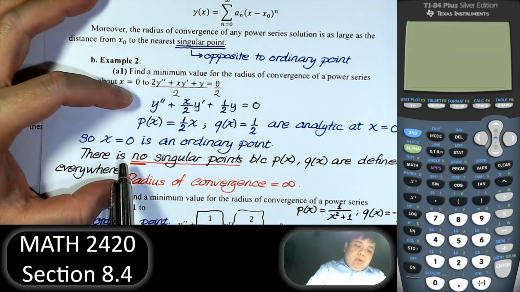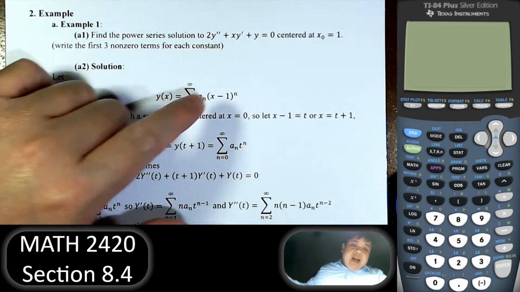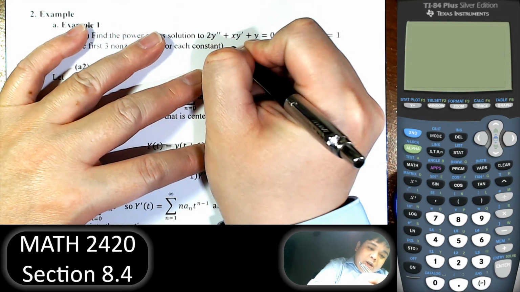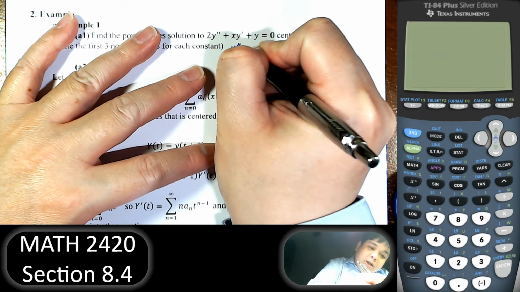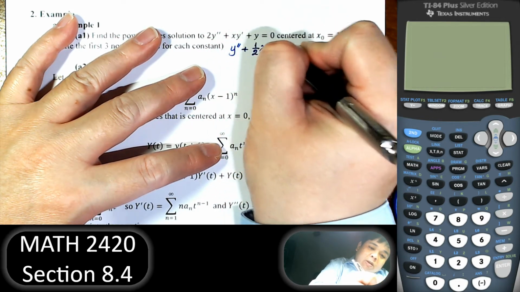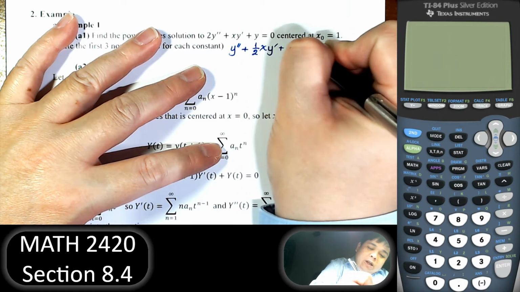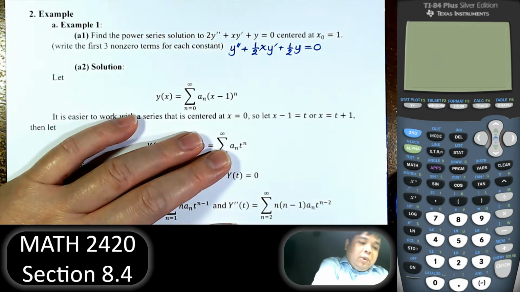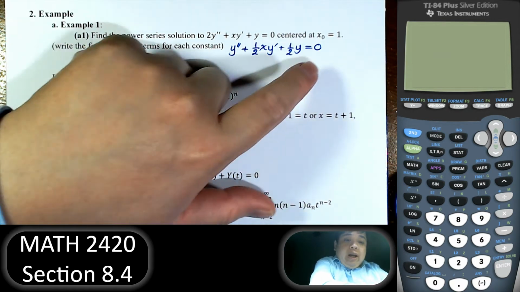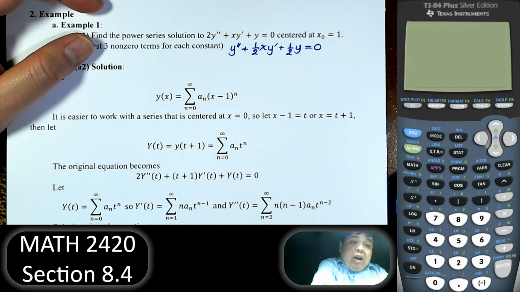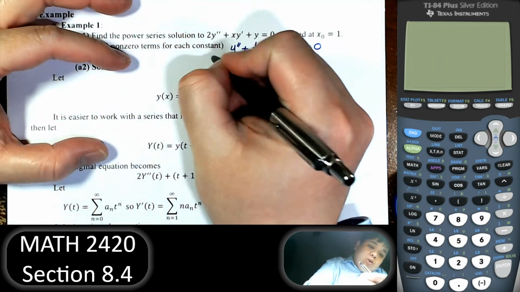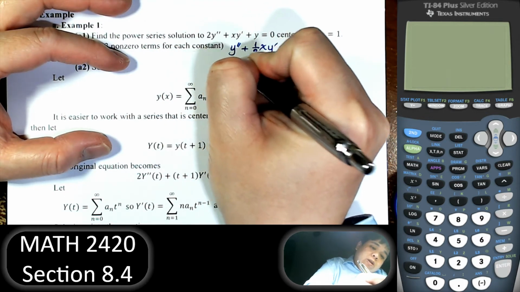For this equation, if we turn it into y double prime plus 1/2 x y prime plus 1/2 y equal to 0, p of x and q of x are defined everywhere. So for x equal to 1, when we put 1 in that, it is defined. So x equal to 1 is an ordinary point.